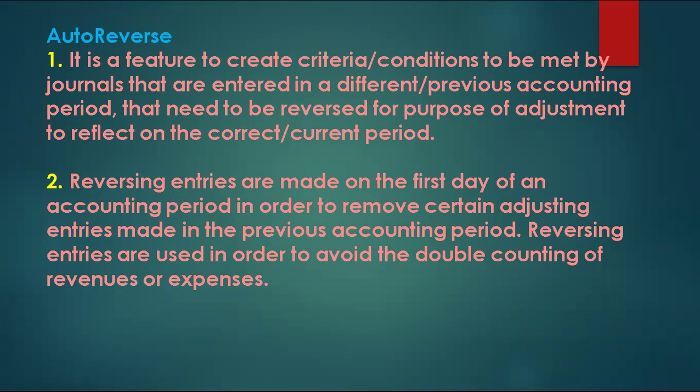Reversing entries are used to avoid the double counting of revenue or expenses or any other journal that you know has been posted. But mostly you find these conditions affect revenues and expenses.